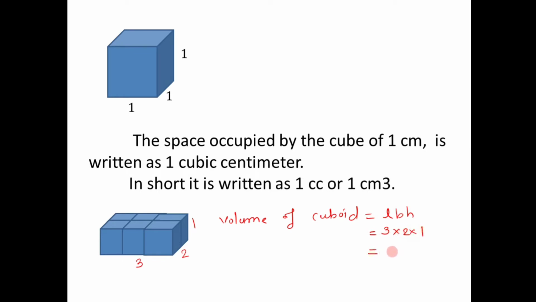So 3 into 2 into 1, that's 6 centimeter cube. So in this way, we can have the volume of a cuboid, which is generated by having 6 small cubes. So this is how we can find the volume of any three-dimensional diagram given.